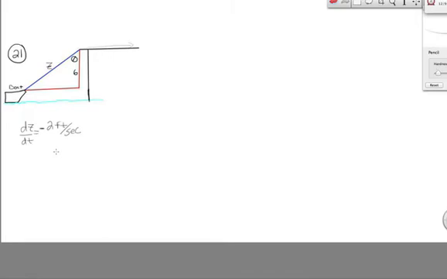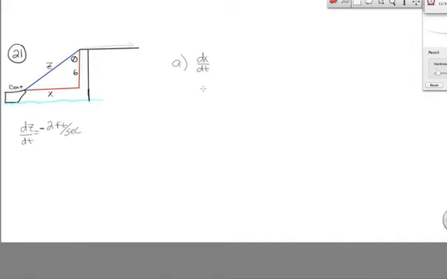Alright. How fast is the boat approaching the dock? So part A. How fast is the boat approaching the dock at a certain time? So if we label this X, because this is changing, Z is changing, the only thing that isn't is 6. I have now a relationship, because they want to know about dx/dt.